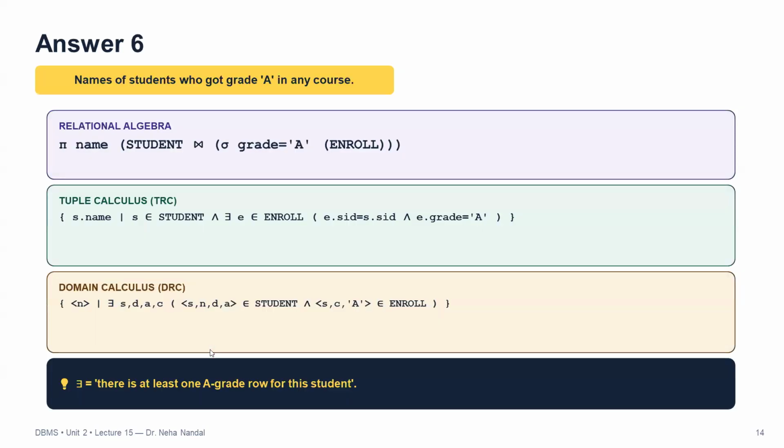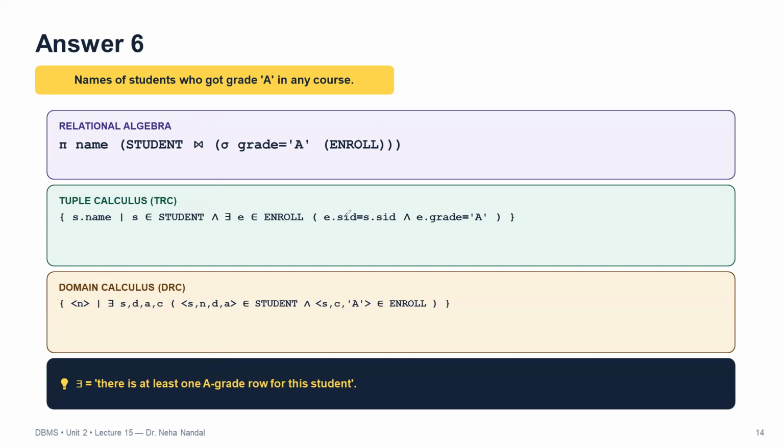So see, name the students who got grade A in any course. In relational algebra, you have to project the names like in question number 5. So pi name, then you are performing a join between student and enroll, and this time the selection is on grade. That is the only difference. Again, in DRC, S dot name, S belongs to student, and there exists an E which belongs to enroll.